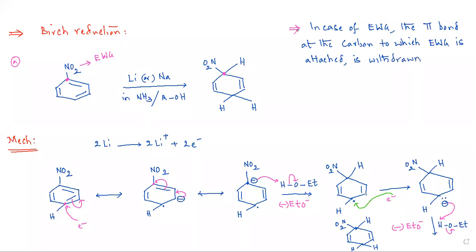So simple thing is, when you have a withdrawing group, pi bond is withdrawn. That's it.